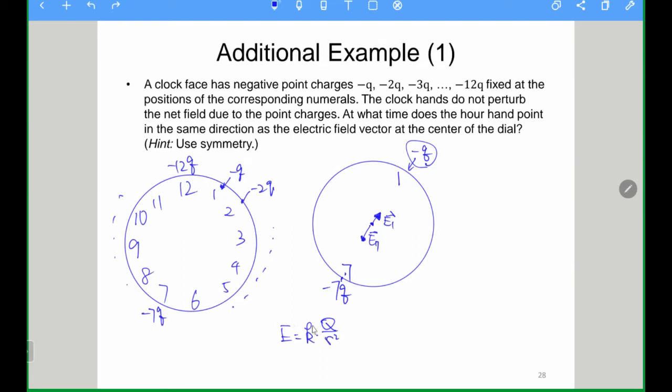So you can regard K over R squared as a constant for everything, and the only variable is Q. Here this is negative Q, and this is negative 7Q, so part of them will be cancelled.